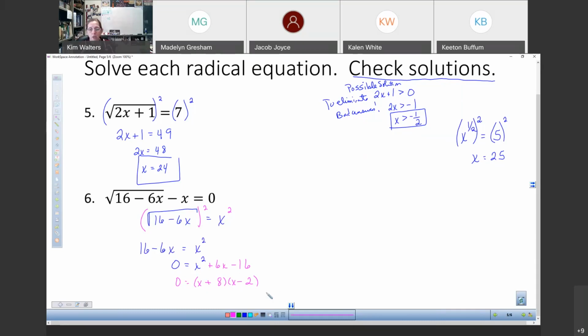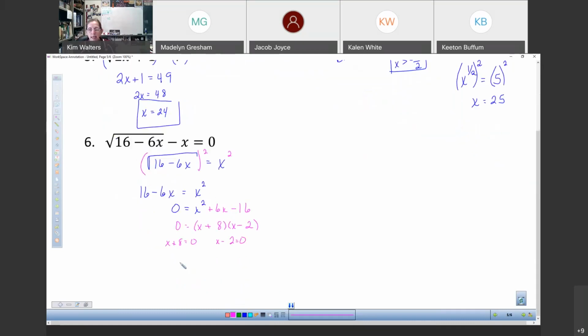Okay. All right. So again, I'm going to take each factor, set it equal to 0, and solve for x. And so I'm going to get x is equal to negative 8, and x is equal to positive 2.